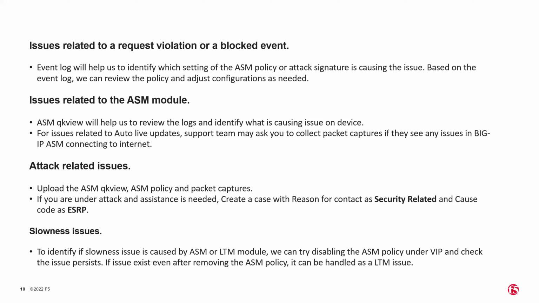While creating the case, you have to put the reason for contact as security related and the cause as ESRP, Emergency Security Response Team. For that moment, support will be able to help you see whether the requests are coming from malicious IPs, which is not expected. If we can configure an iRule or some policy to mitigate it, we will help with what best we can do.